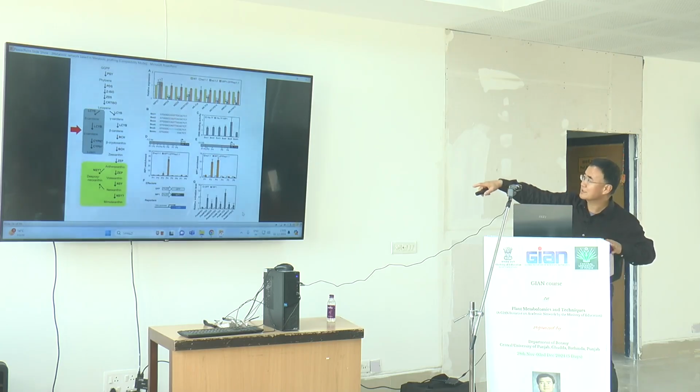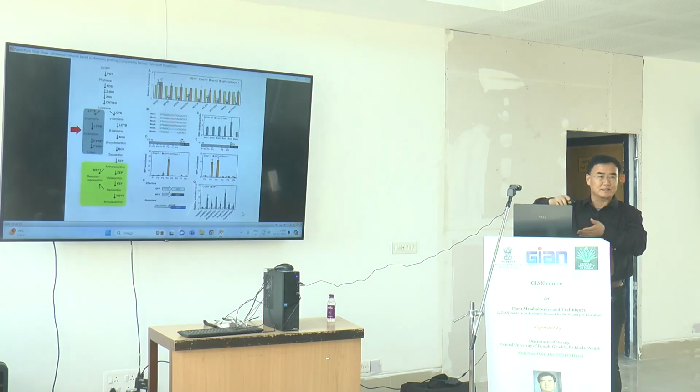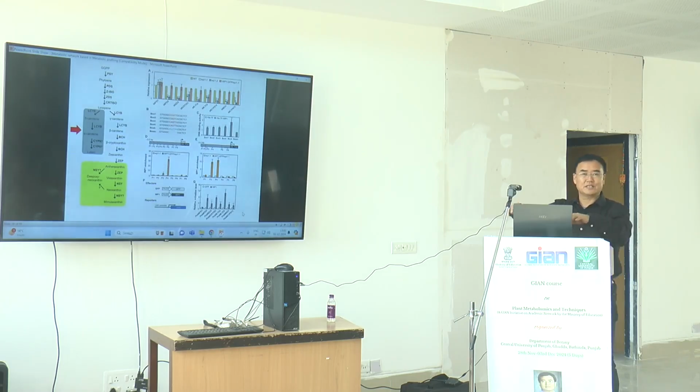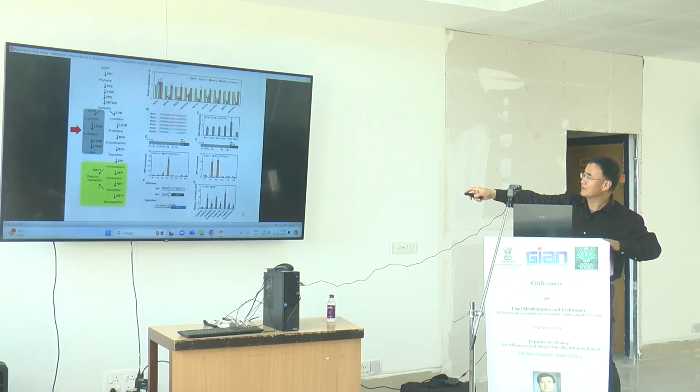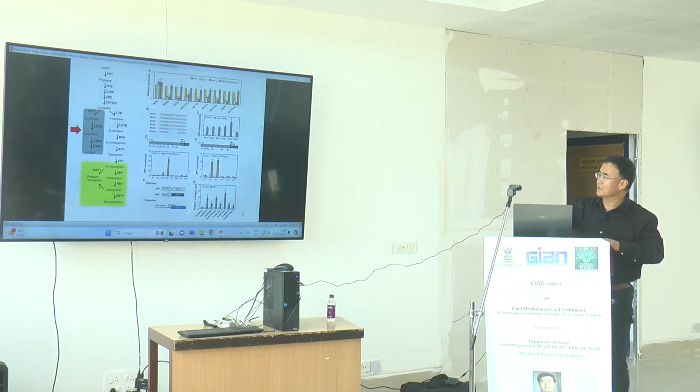But with overexpression, you can see that it causes upregulation. So the downregulation of biosynthesis enzymes is correlated to the mutation of the regulator, and the overexpression is also correlated with the enzyme gene increase.